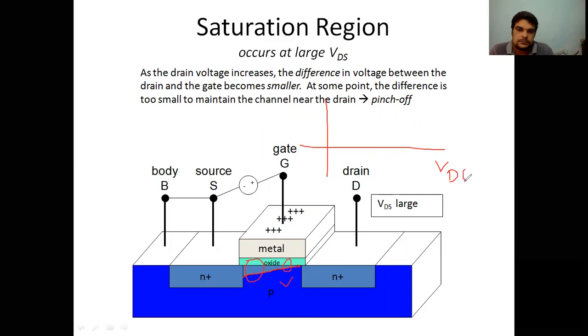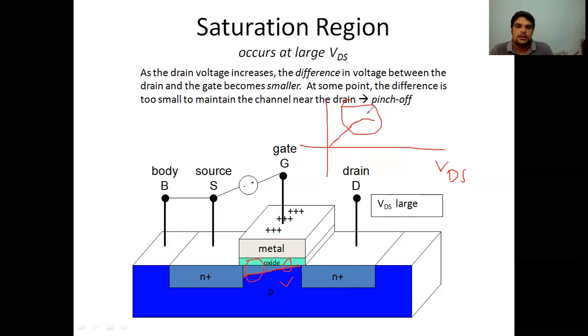As far as the low value of VDS is concerned, we had a linear curve. But as VDS is increased beyond some certain value, we will have more and more opposition as we increase VDS. So we will get a curved shape like this.